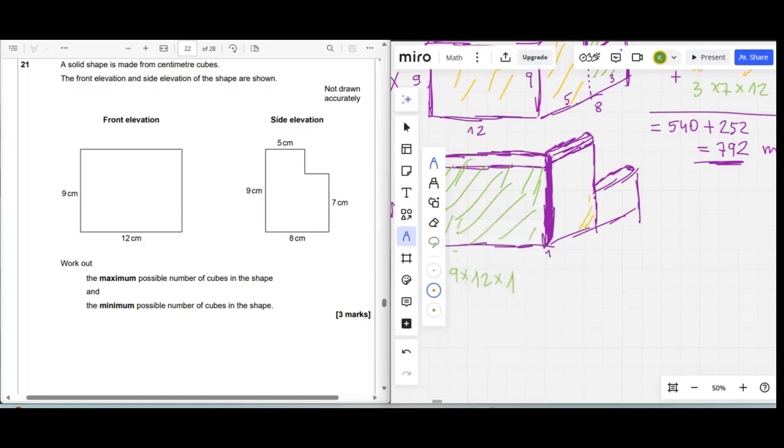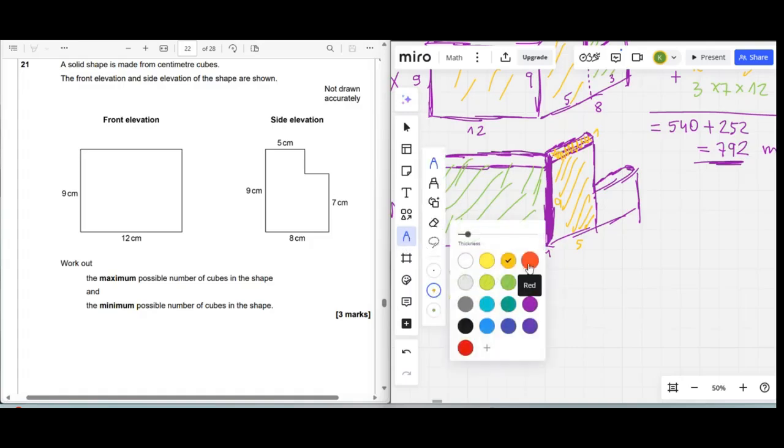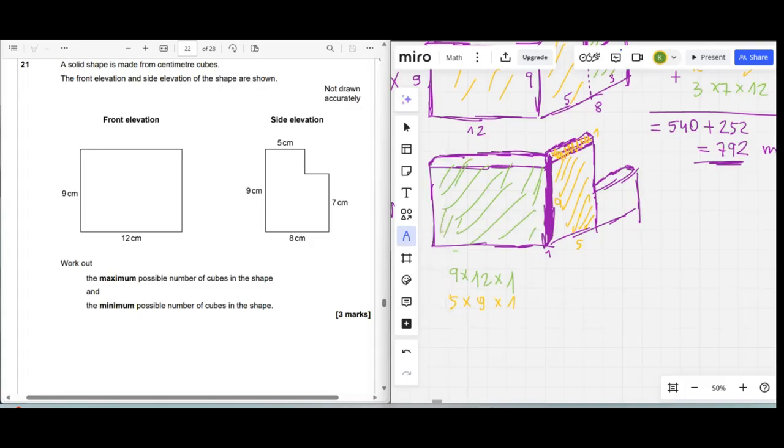Second part will be that bit, and that bit has 5 there and 9 there. 5 times 9 and again times 1, because here is just 1. And the last bit will be, it was 3, there was 7, and then 1 again. 3 times 7 times 1.